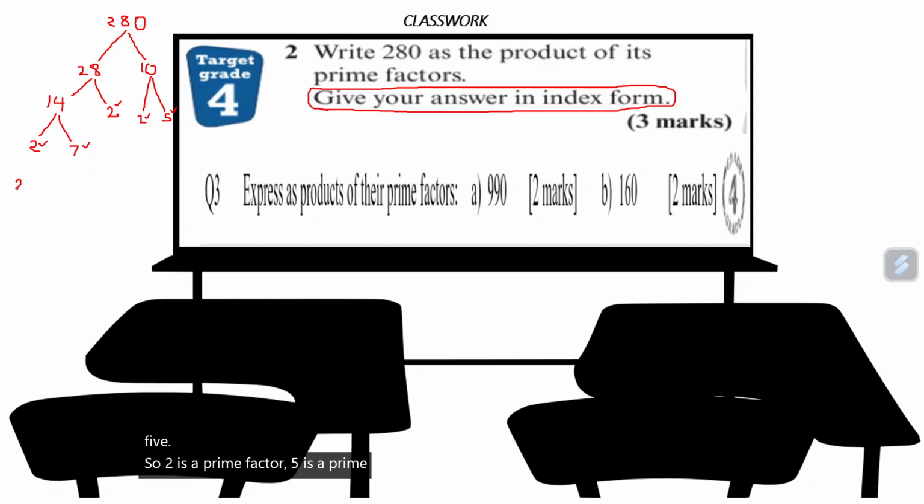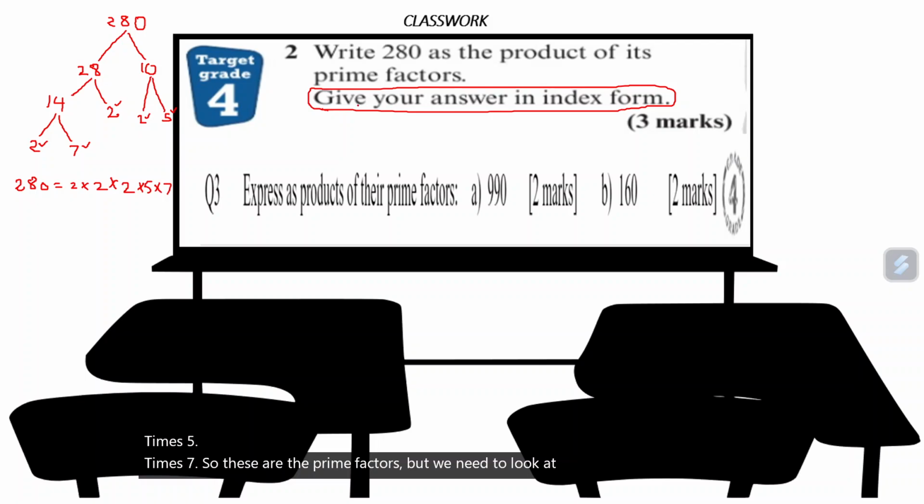So in essence, the prime factors of 280 are 2 times 2 times 2 (how many 2's? 1, 2, 3) times 5 times 7. So these are the prime factors, but we need to look at the concluding part of the question.